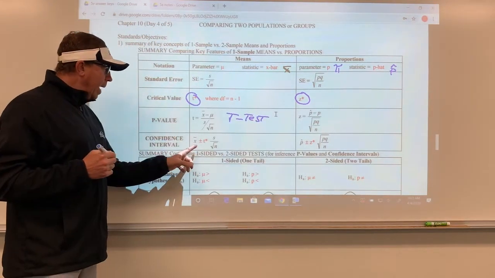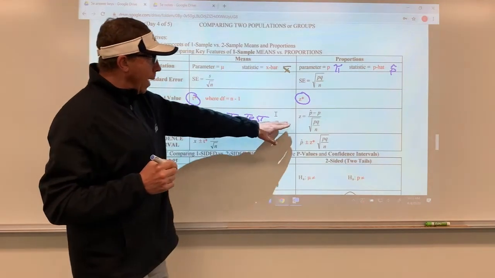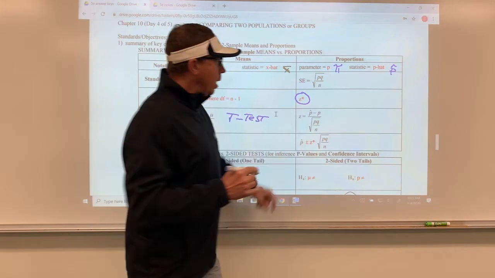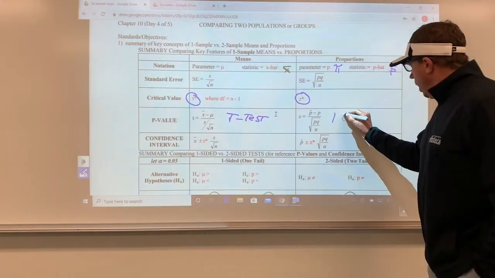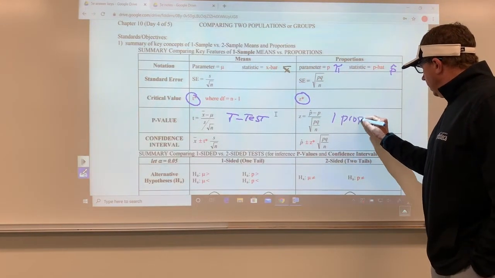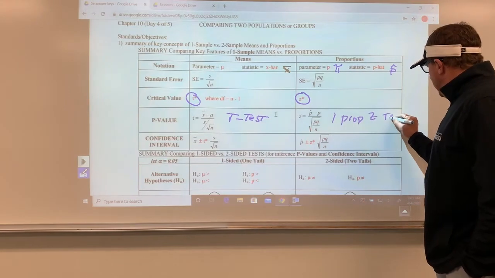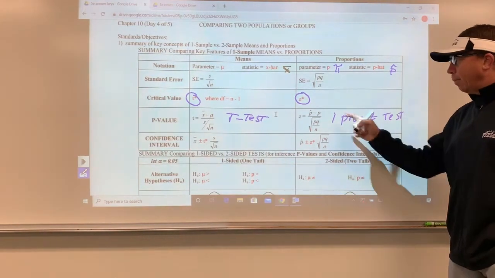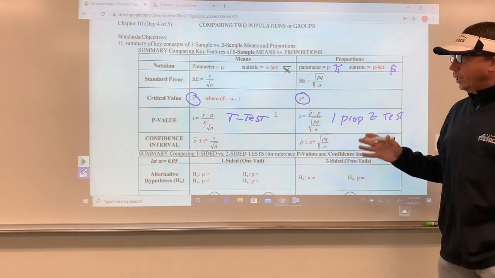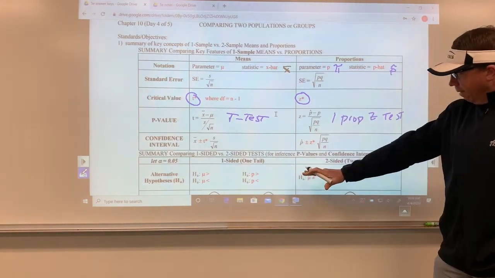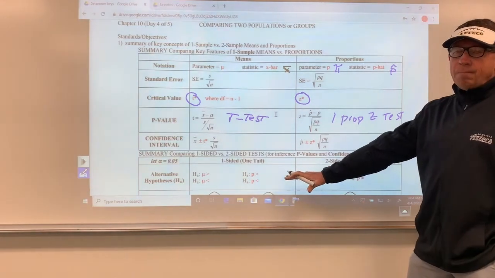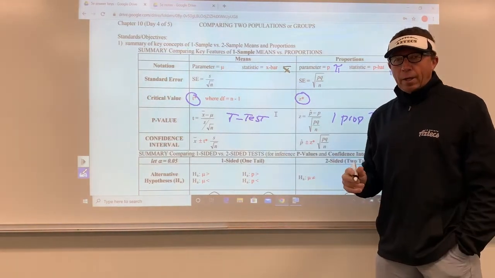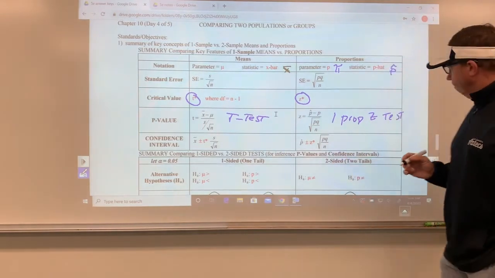Now, you're probably going to be calculating this by doing a 1 prop z test on your calculator. That's most likely what you're going to be doing. You're probably not going to do it by hand. When I show you the models later of the two sample tests, they're going to be done by hand, and then I'll go back and do them on the calculator, which makes this video very long, okay?